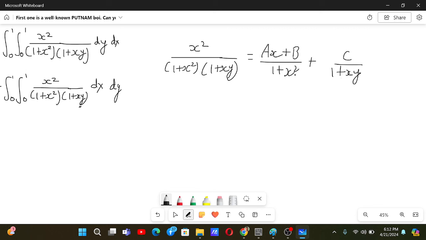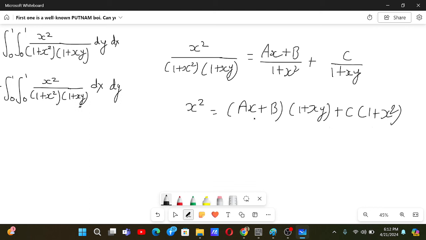And now consider y as a constant throughout this manipulation. Okay, now we have x squared is equal to (ax plus b) times (1 plus xy) plus c times (1 plus x squared). And what's next?